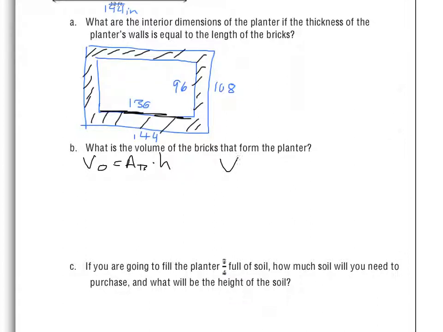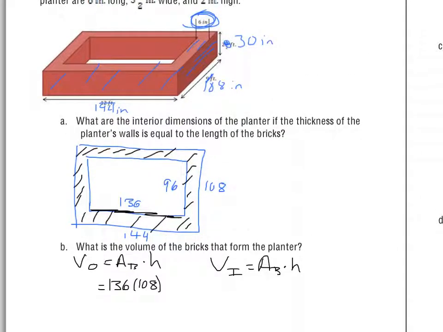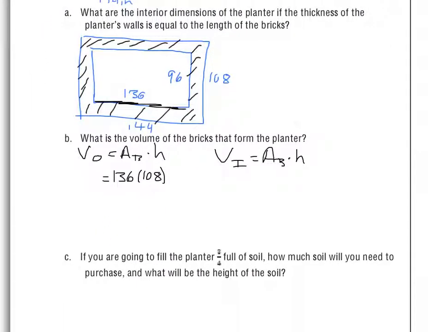The volume of the inner is equal to the area of the base times the height. The outer is 136 by 108. And the height, if we go back to our original drawing here, we can see the height of that prism was 30 inches.